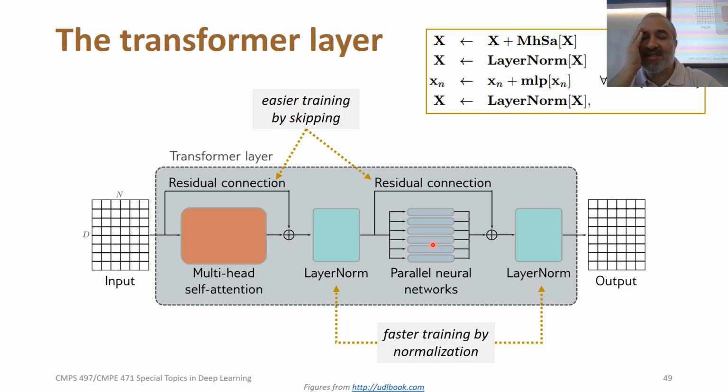And this takes me to a point, before I take your question: how did we get this design? How did those people get this design? It's not just by revelation that, okay, here is the transformer layer. It starts with the self-attention, and then this, and then this. Of course, by experiments.